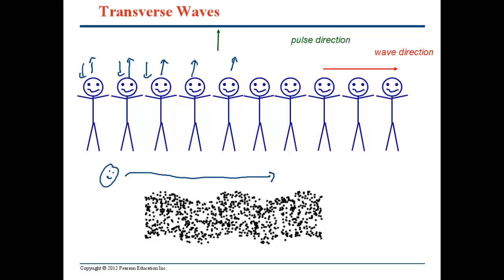In this case, let's think again of these people as particles. These particles are moving up and down. The direction of the individual particles is up and down, however the wave is in the perpendicular direction. So that's kind of a definition of a transverse wave.